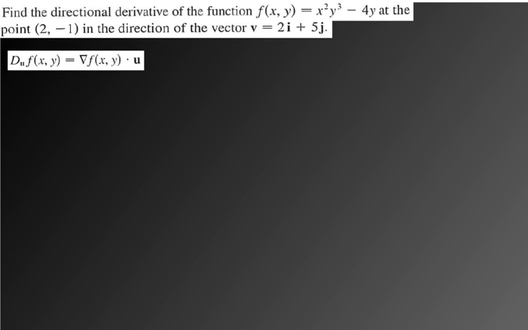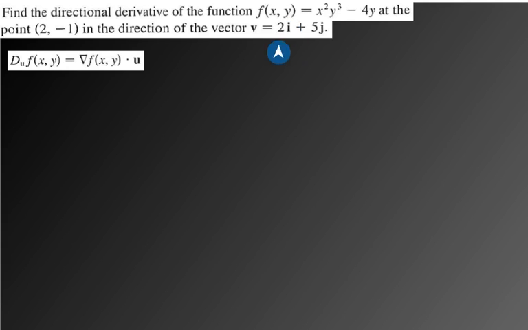So find the directional derivative of that function at that point in the direction of the vector 2, 5. One of the things that I see as a common mistake is students just jump in and dot it with the vector in the direction, but if you do that, you're actually getting more of a derivative than you really want.